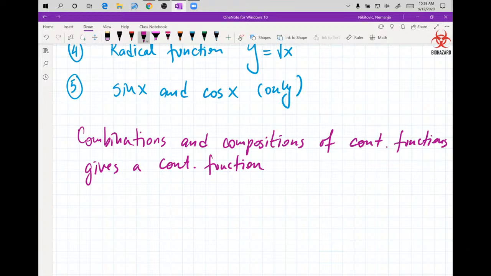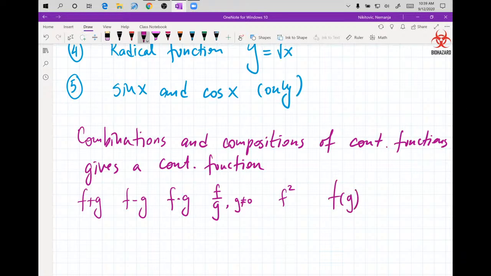This is a huge deal. This one is very important. That's your f plus g, f minus g, f times g, f divided by g provided g is not 0, f squared, and then what else? And then f of g and g of f, and those tend to be very, very important.